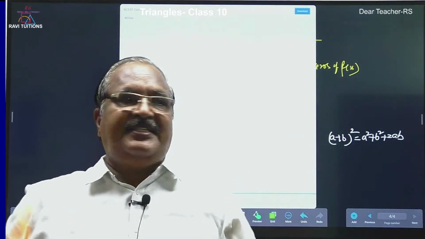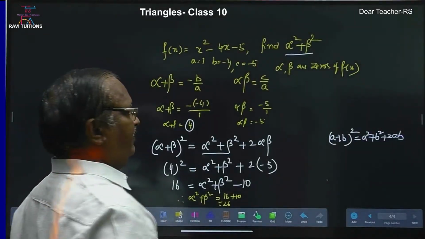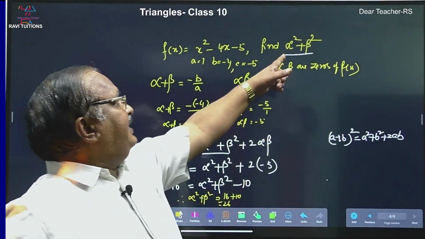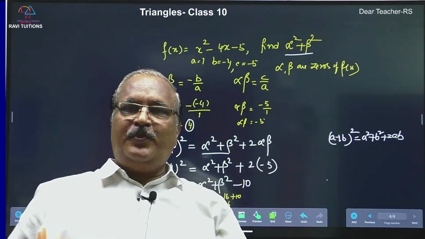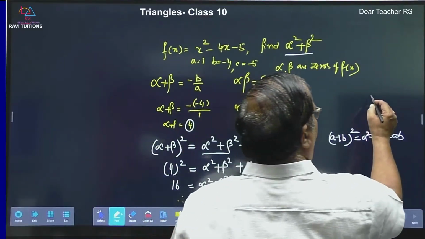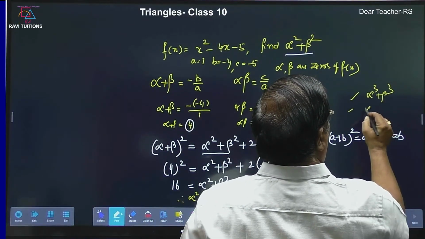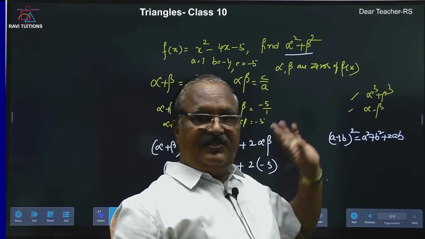Very important for CBSE examination. Not only alpha square plus beta square, there are so many things. You have to find out alpha cube plus beta cube also, alpha minus beta also. Even these things are important.